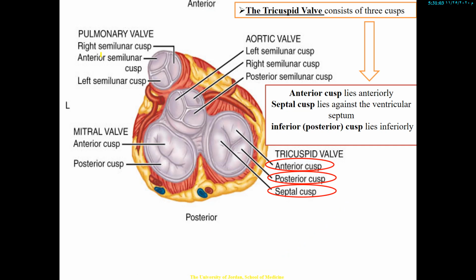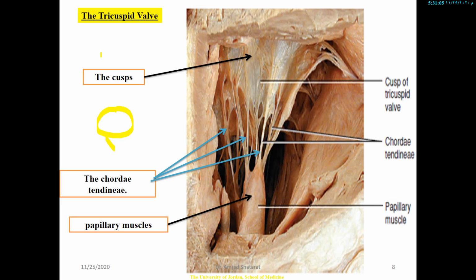Now let's go back to this drawing here. So we said that we have the annulus fibrosus, so we have the frame for the valve, so it's not muscular, it's fibrous. So we did build here a frame for the valve.